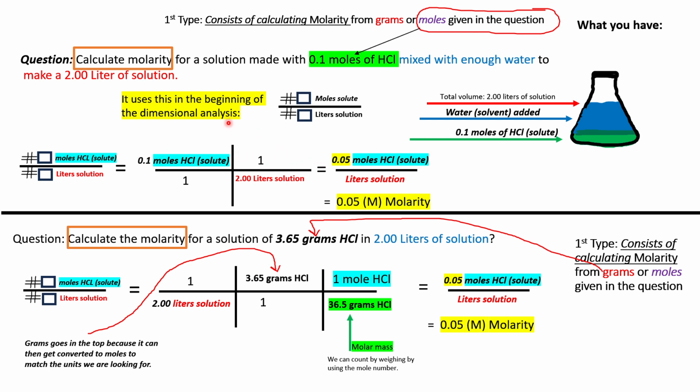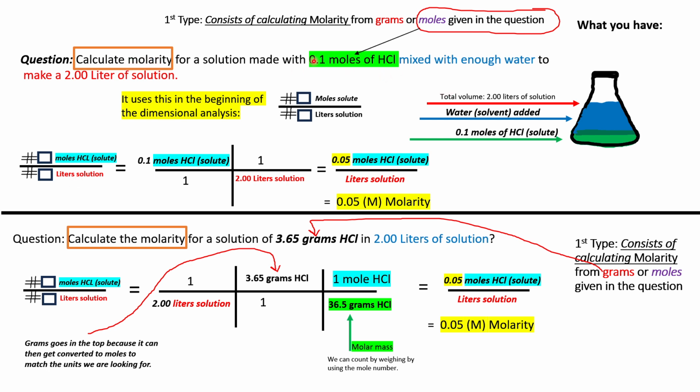And similarly, in the bottom it's saying I'm going to have some type of number inside the box, and I'm going to have liters of solution somewhere in the bottom. Remember, calculate molarity is what they're asking you for, because this consists of molarity.